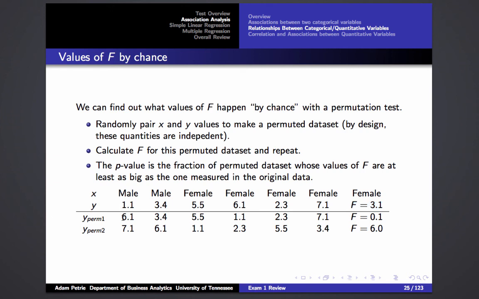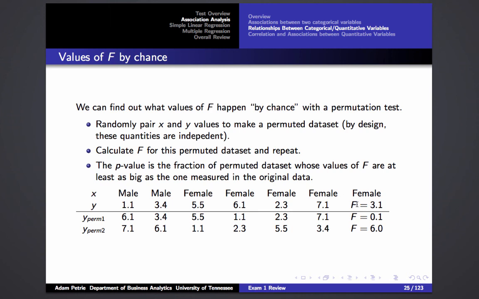So what I'm going to do is randomly assign one of the observed values of y that I've seen before to each individual. Here's a random reordering of the y values, and if they're reordered that way, my value of F is 0.1. If my values are randomly reordered this way, my value of F is 6.0. After a lot of permuted data sets, I can look to see what the distribution of the values of F is that occurred just by chance.